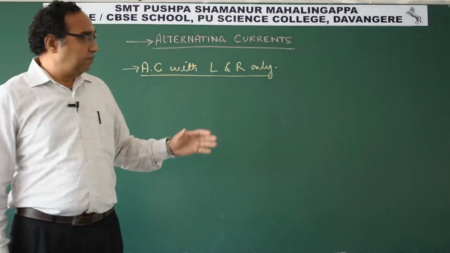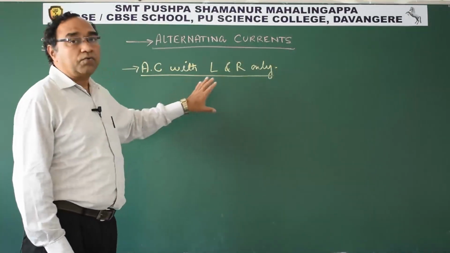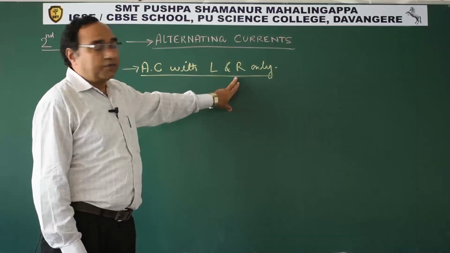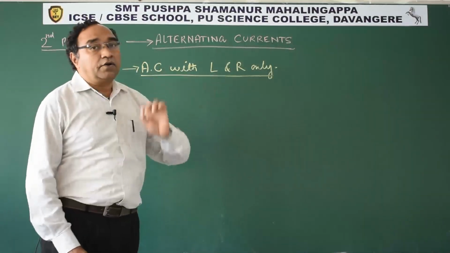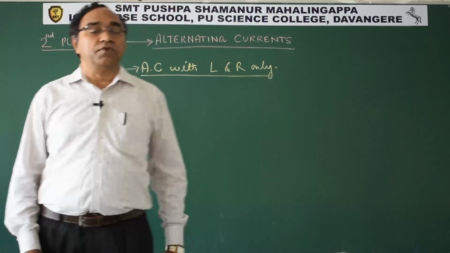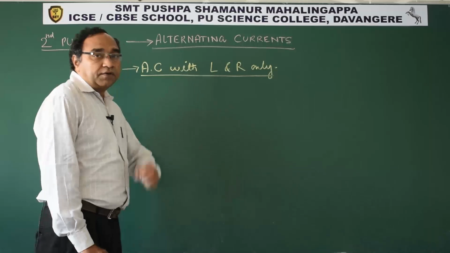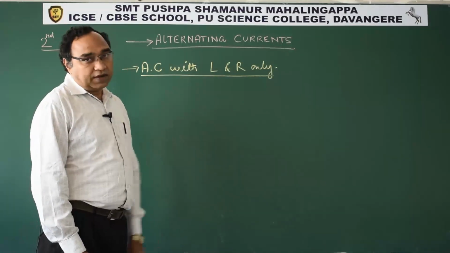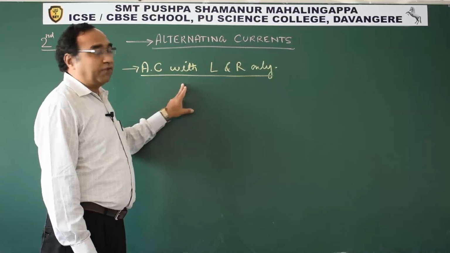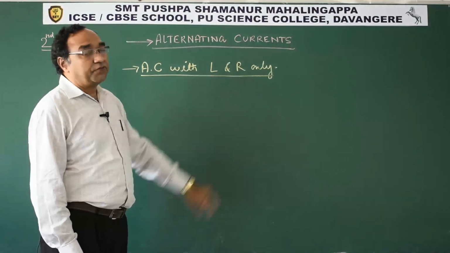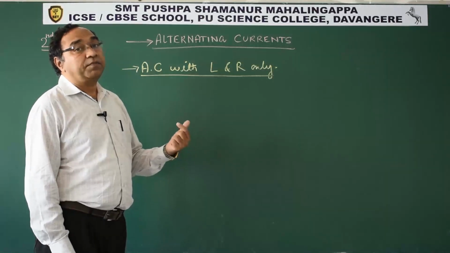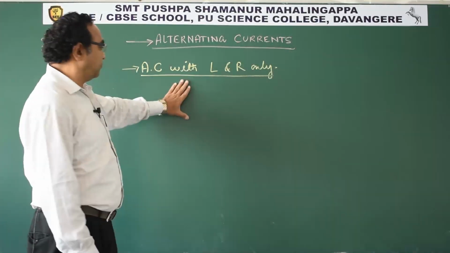Till now what we have discussed is how each component, say R, say L, when alone they are placed with the AC source, how do they behave individually, that we have seen. Now we have to see when the components are placed together in combination, then how do they behave. This is what we have to see.